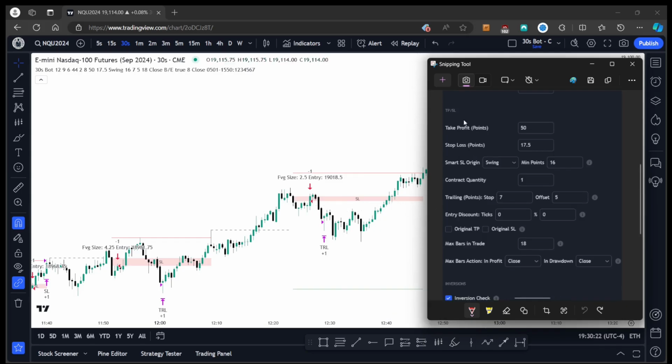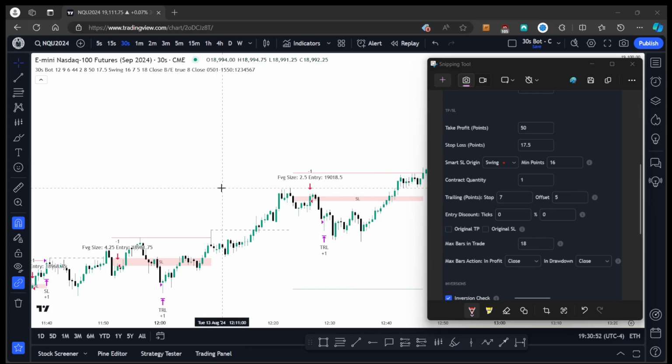Next is we have our take profit and stop loss section. We have the basic take profit, how many points, stop loss, how many points. We also have a setting called Smart Stop Loss Origin. And what it tries to do is it gives you an option to reduce your stop loss by checking how far are you from either the swing, or the other option available there is the FVG, or you can disable it entirely.